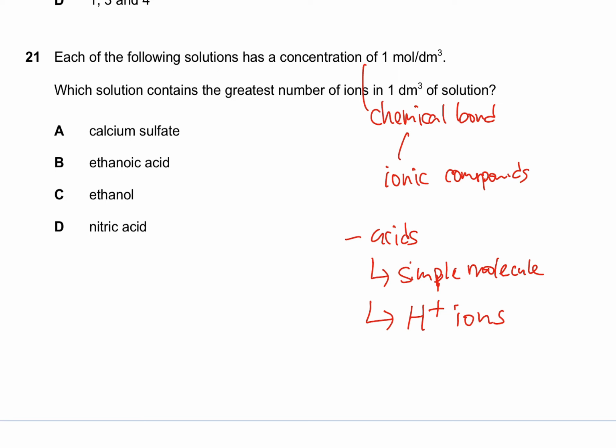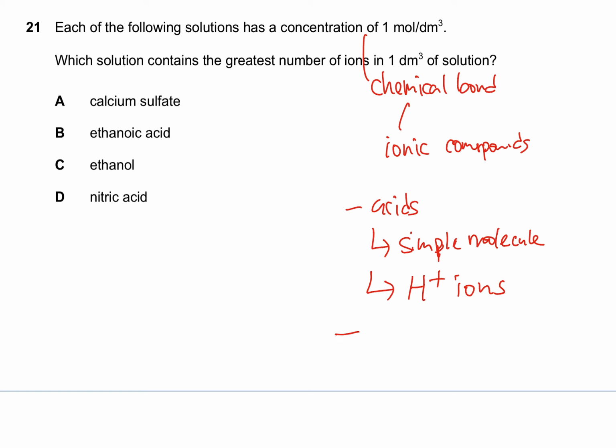And lastly, the last chapter tested in this question is on salts, especially which salts are soluble and insoluble, because we know that insoluble salts will not dissolve in water and will not form ions in water.